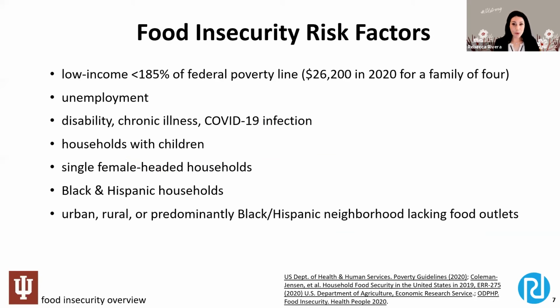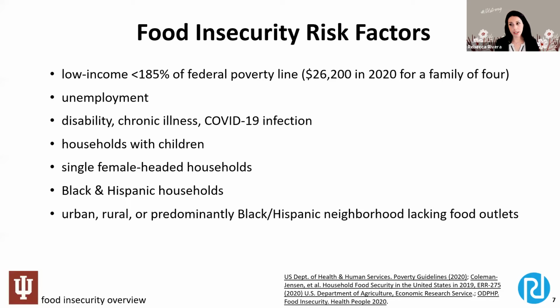Risk factors for food insecurity include low income status, unemployment, right? So those get at the financial strain or financial resource component of food insecurity. Also disability, chronic illness, and now COVID-19 infection. So households with a COVID-19 infection in 2020 had a higher risk of food insecurity.